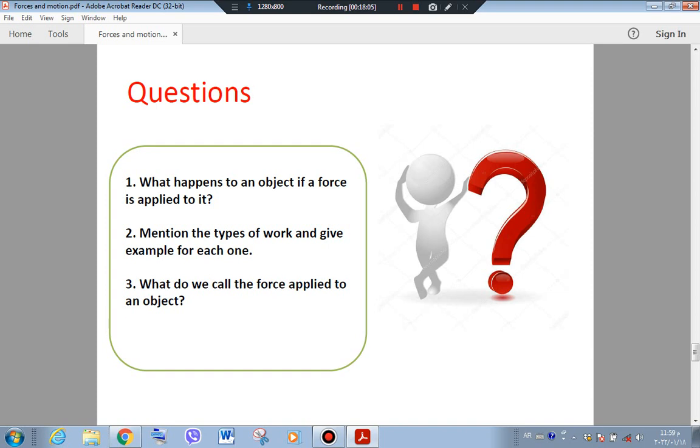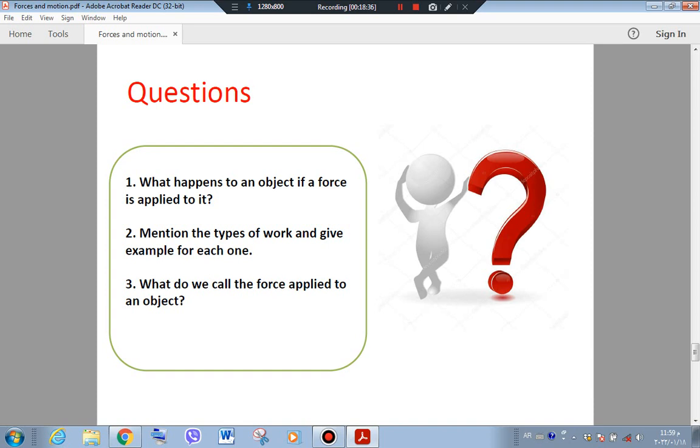So now we know what positive work is, we know what work itself is, we know about forces, and we know about energy. Then what happens to an object if a force is applied to it? I want you to answer these questions in the comment section. What happens to an object if a force is applied to it? Second, mention the types of work and give an example for each one. How many types of work did we have? Mention all of them and give an example for each.